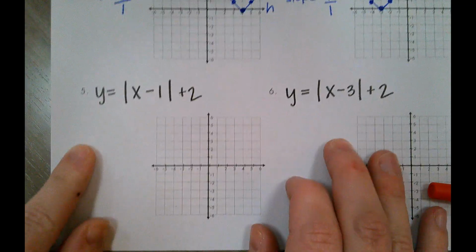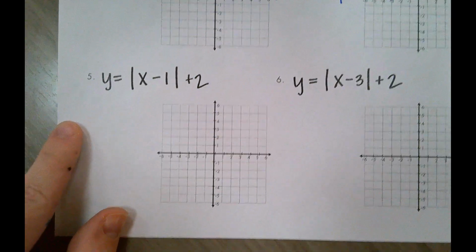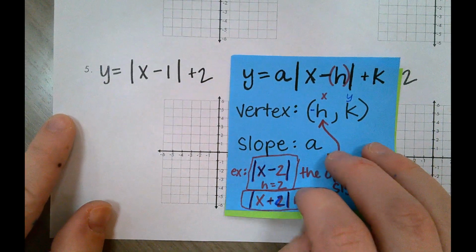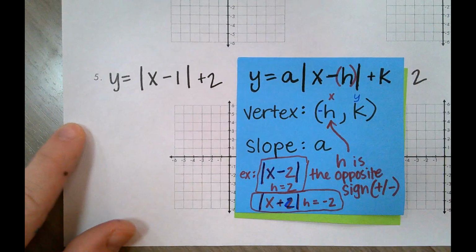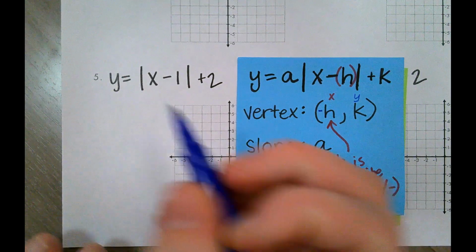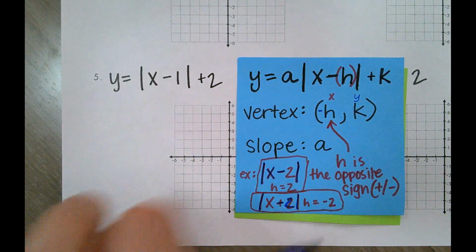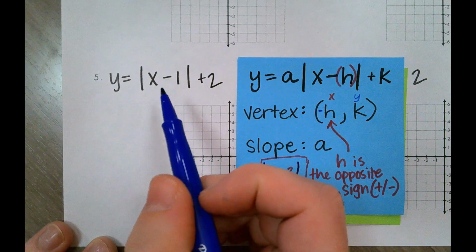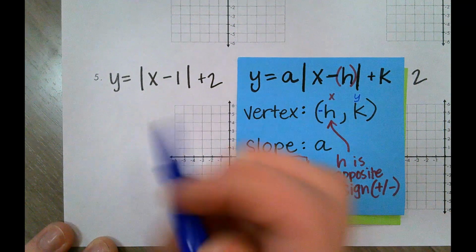So, on this worksheet, now I have number 5, and I'm going to do the same thing as before. Let's find our vertex and our slope, and then we will graph it. So, first, what is my H value for number 5? 1.